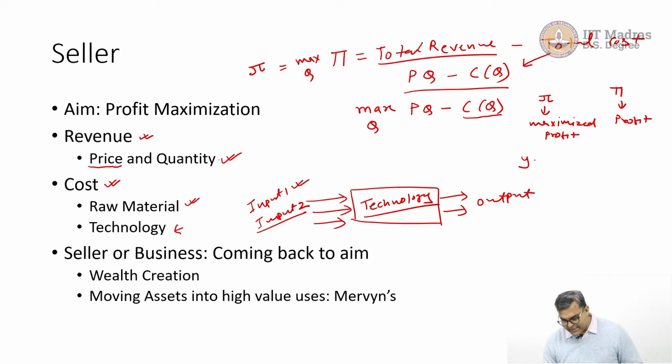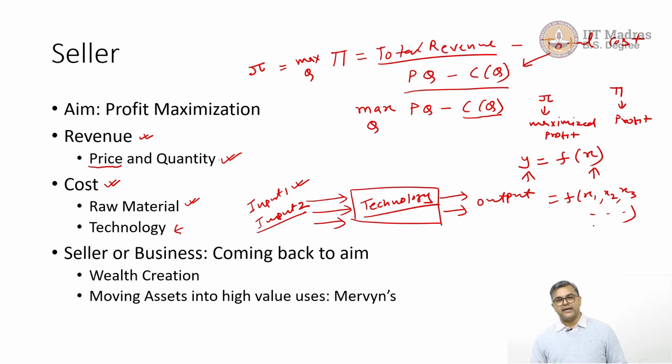We can say that y is equal to f of x, where y is the output, x is input. If we have more than one input, we can write it like this, f of x1, x2, x3 and so on. Okay. So, this f is representing the technology. So, technology has an impact on cost.